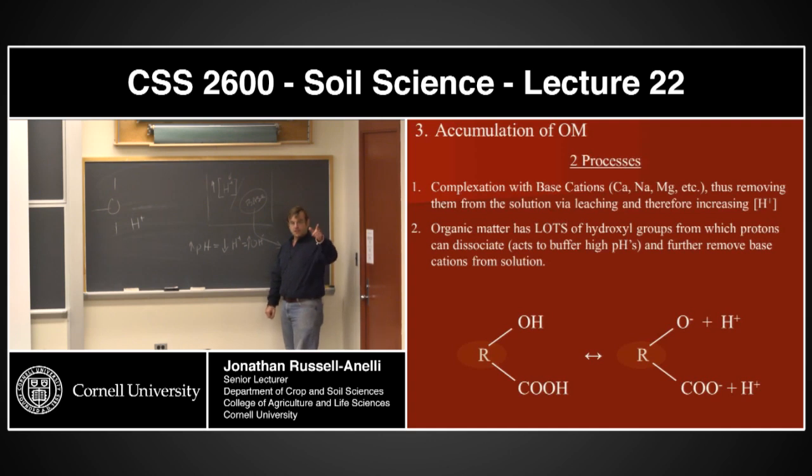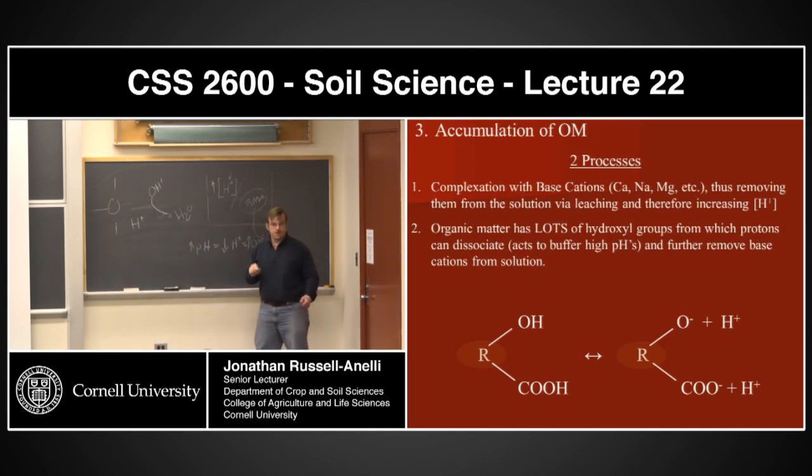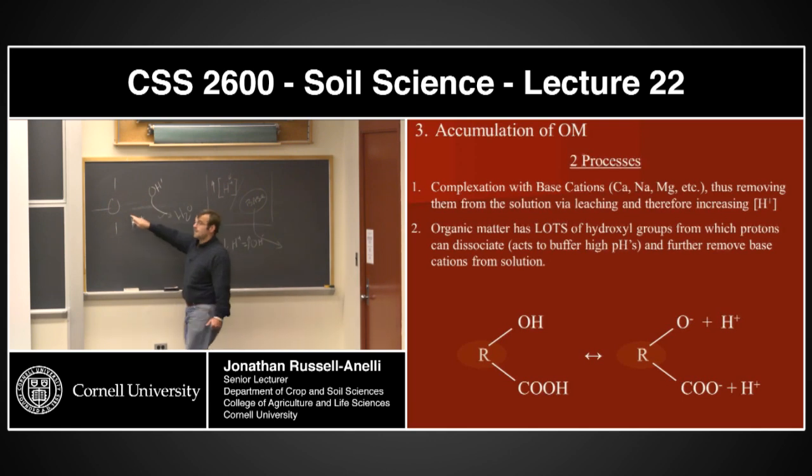Make sense? Does that make sense? If this starts going up, what's going to happen to that proton? It's going to get pulled away, and it's going to combine with this hydroxide to make water. So as a result, what's going to happen to the charge here? It's going to become more negative.